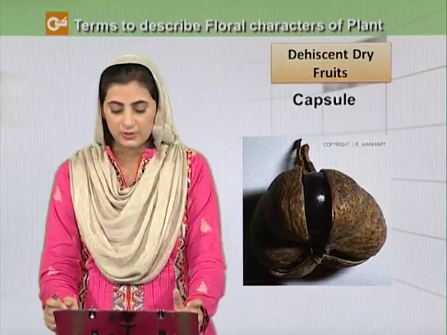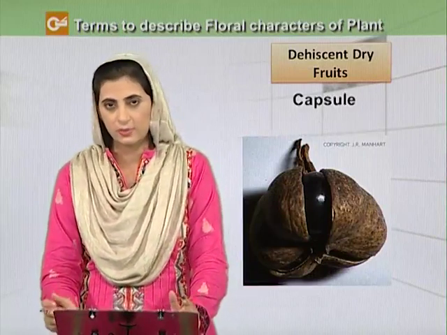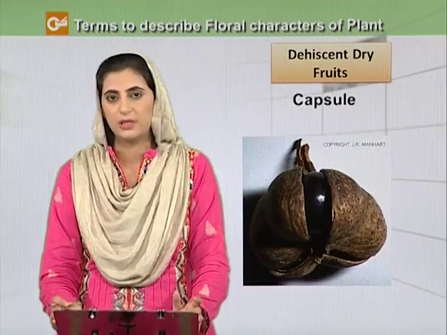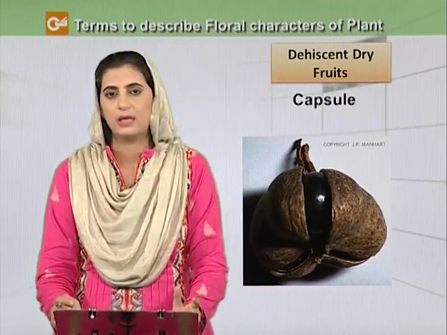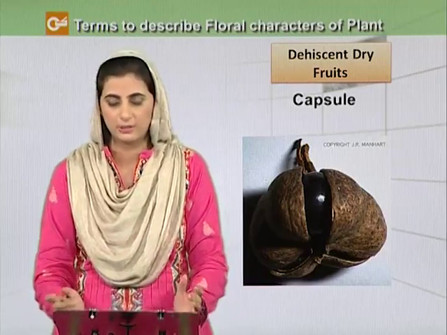And then we have another category of dehiscent dry fruit, which is called capsule. Capsule is actually made up of many carpels, and it can split open at maturity from one or many points.